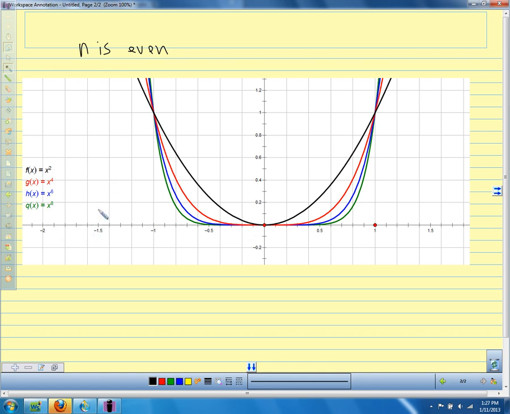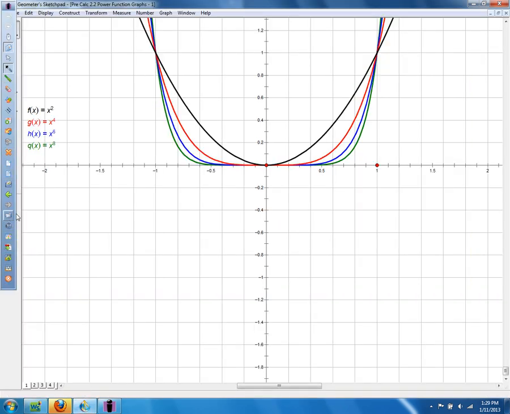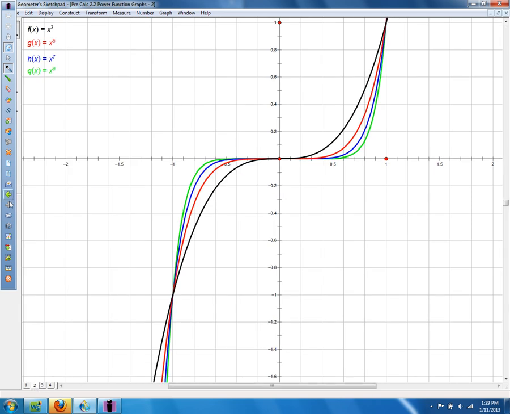So any power function where the highest power is even is going to have something in common with these graphs. So let's look at the power functions where n is odd. I'm going to go down here. We're going to go to the second page.